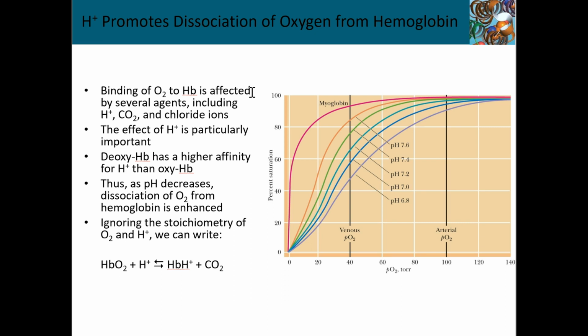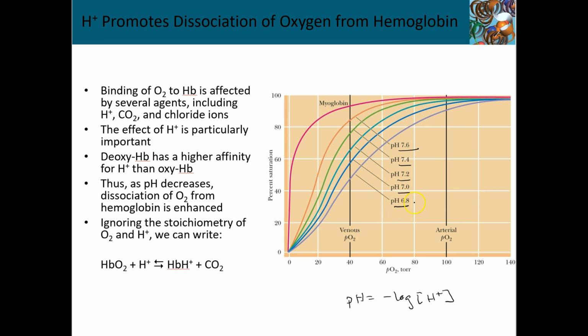But if we look at this pH dependence, 6.8, 7, 7.2, 7.4, 7.6, you can see that as the concentration of protons increases, because remember, pH equals negative log concentration of protons, meaning a low pH has a high concentration of protons.